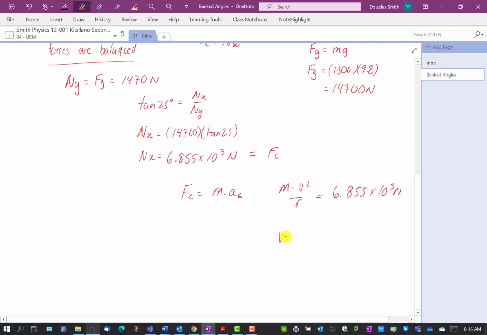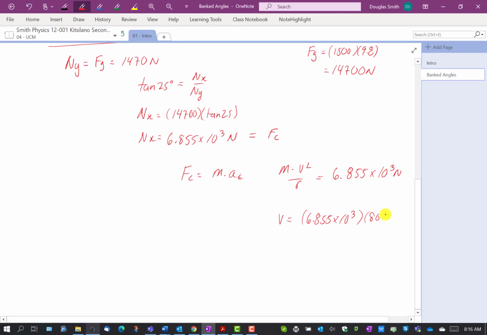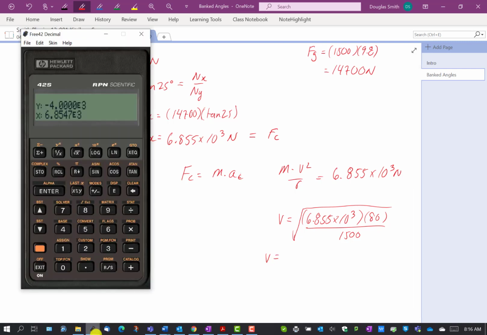So v then is 6.855 times 10 to the 3 times the radius of the circle, which is 80, divided by the mass, and then square root. So I'll take that number, times 80, divide by the mass, square root.